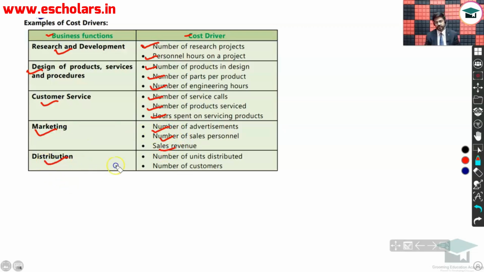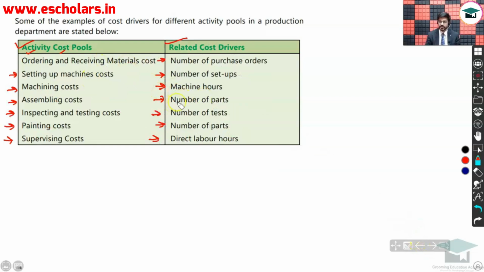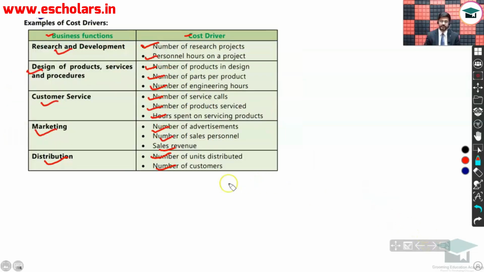In case of distribution cost: the number of units distributed, the number of customers. So these are some business functions, the costs associated with them, and the cost drivers on which the cost depends. I hope this is clear. I would suggest please go through this, and just remember the costs and their related drivers.